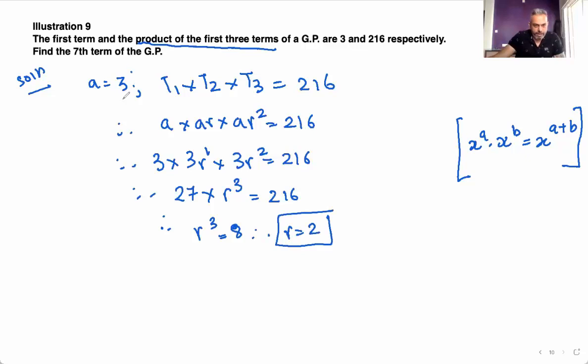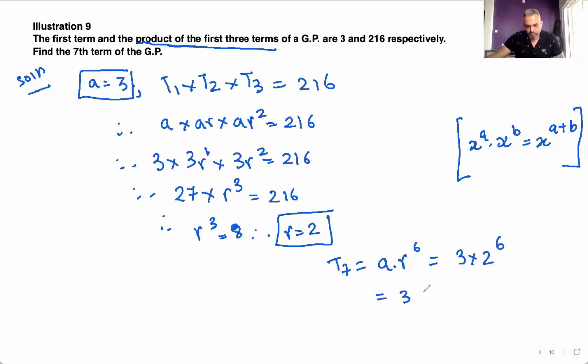Now we have A equal to 3, R equal to 2. So T7 is equal to A into R raised to 6, which is equal to 3 into 2 raised to 6, which is equal to 3 into 64, which is equal to 192.